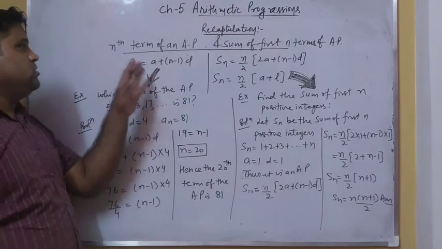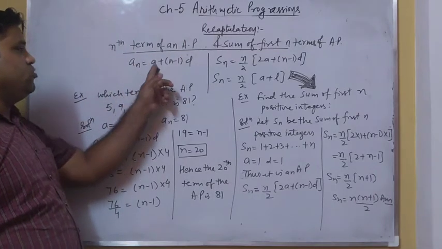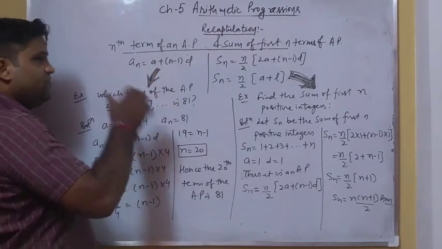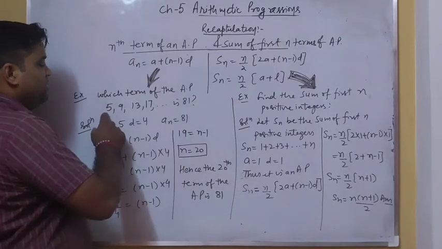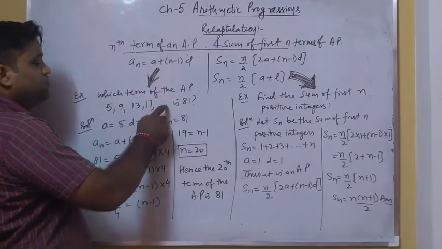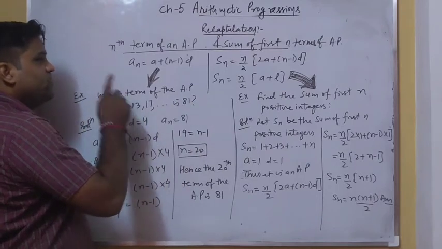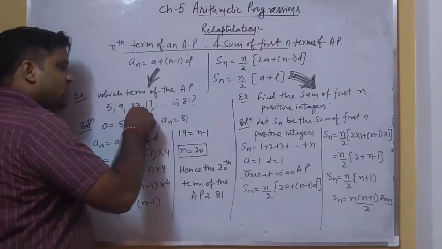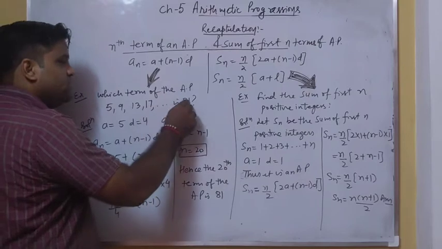We know that the nth term of an AP is given by the formula an equals a plus (n minus 1) into d. Here is a sample question for the revision of the concept. Which term of the AP 5, 9, 13, 17, and so on, is 81?